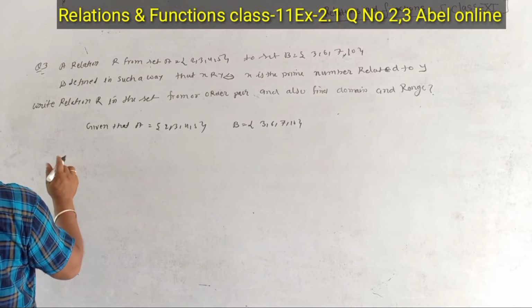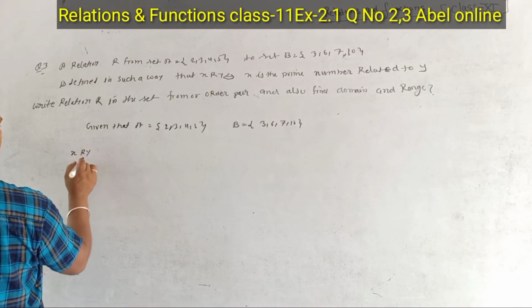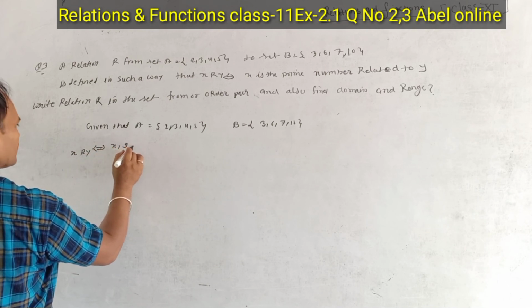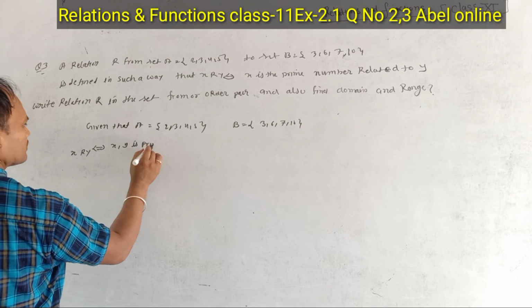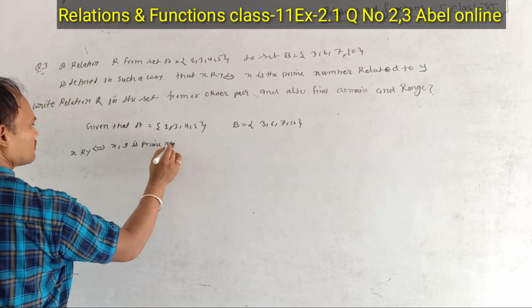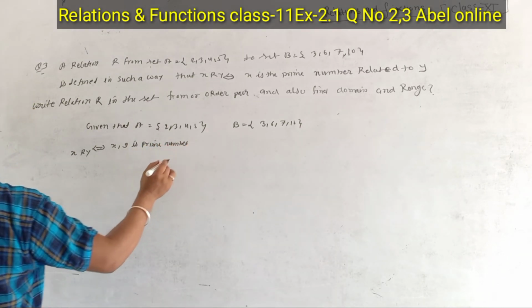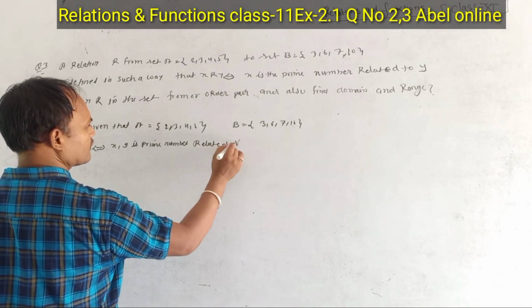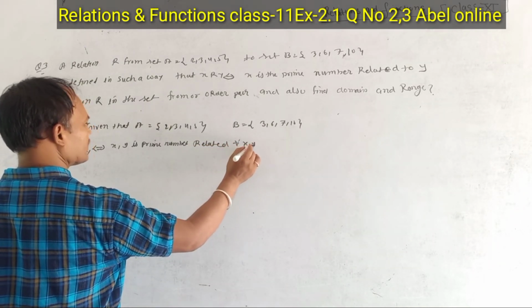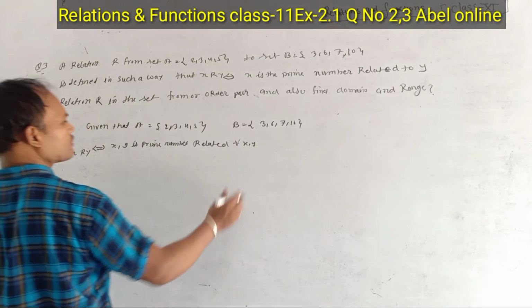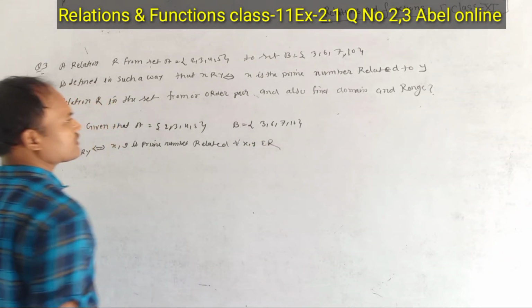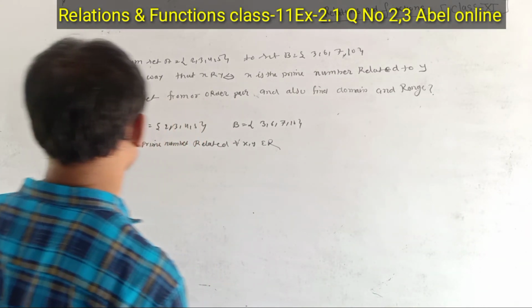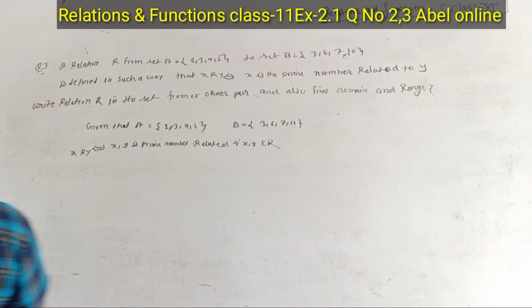And what is the relation? x R y is the relation, such that (x, y) is co-prime for every (x, y) belonging to R. So this is the given, students.